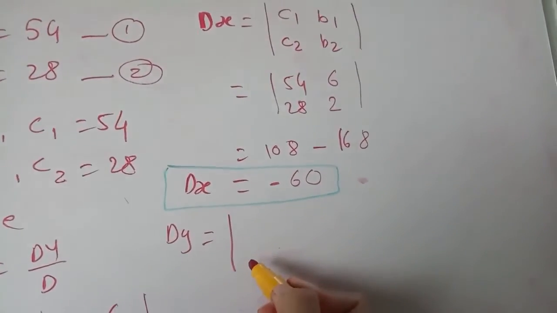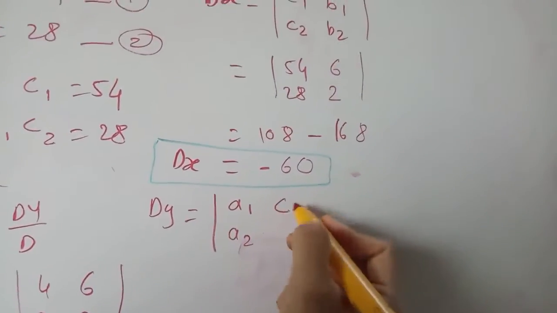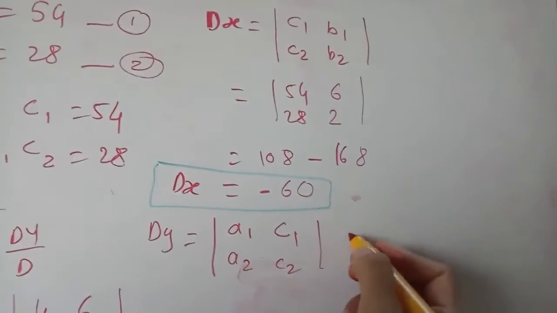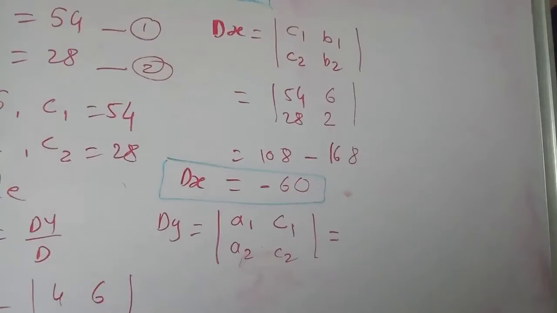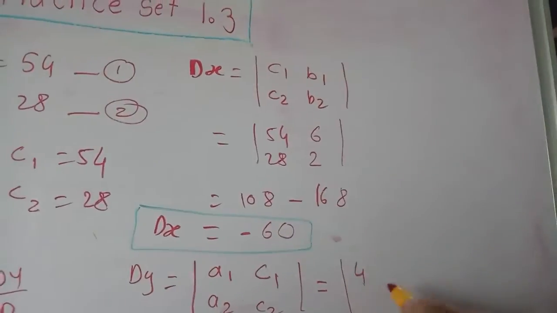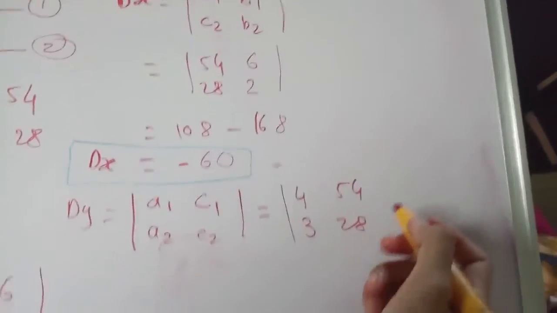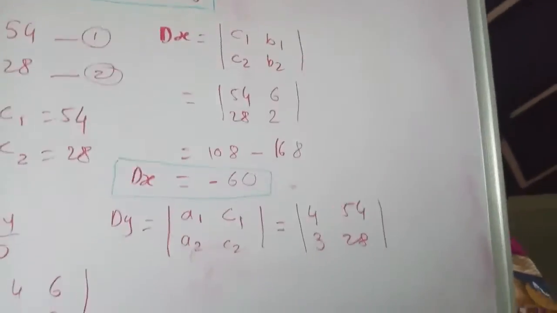And dy is equals to determinant of a1 a2 c1 c2 is equals to a1 is 4, 3, 54 and 28.